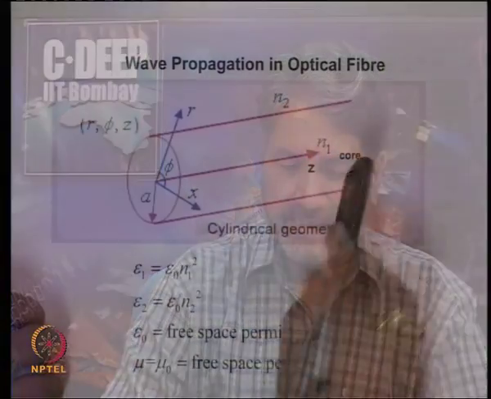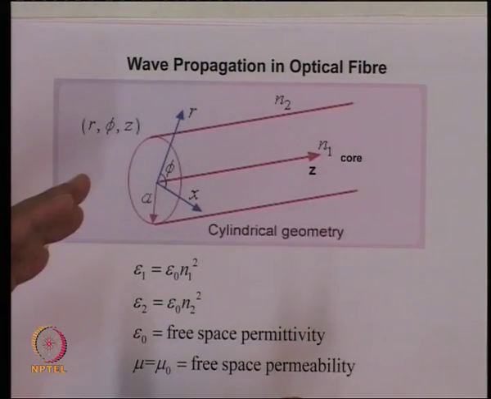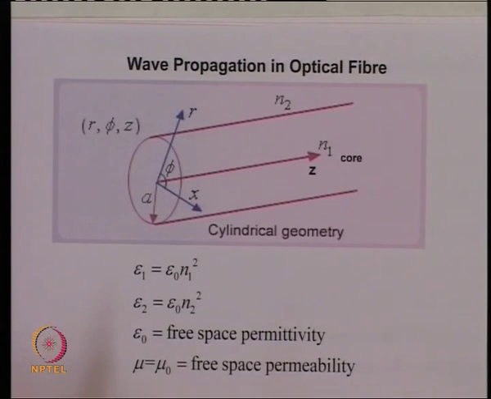So, let us now pose a problem: suppose the light has to propagate inside this structure without worrying about how the light was generated. That means we do not have any source inside this rod. Somehow the light was put inside the structure and light propagates in this.